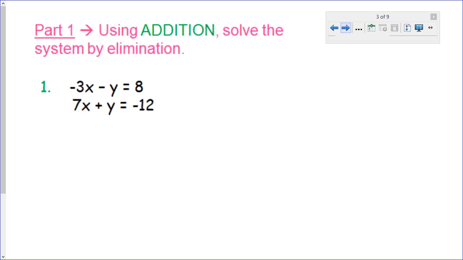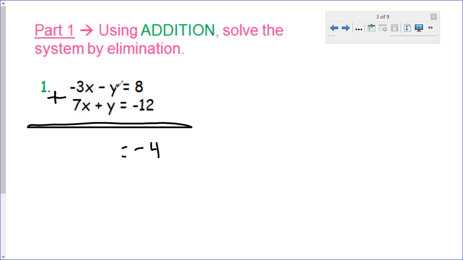We're going to use addition to solve the system by elimination. I've got negative 3x minus y equals 8, and then I've got 7x plus y equals negative 12. I just want to combine both of these, so it's like a giant addition problem. 8 plus a negative 12 is a negative 4.